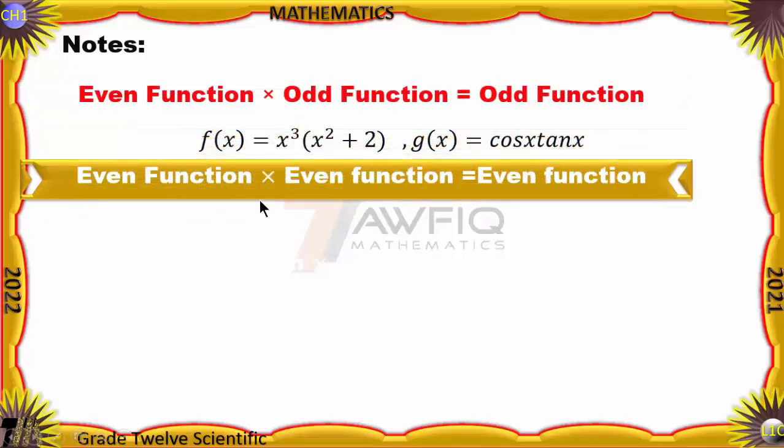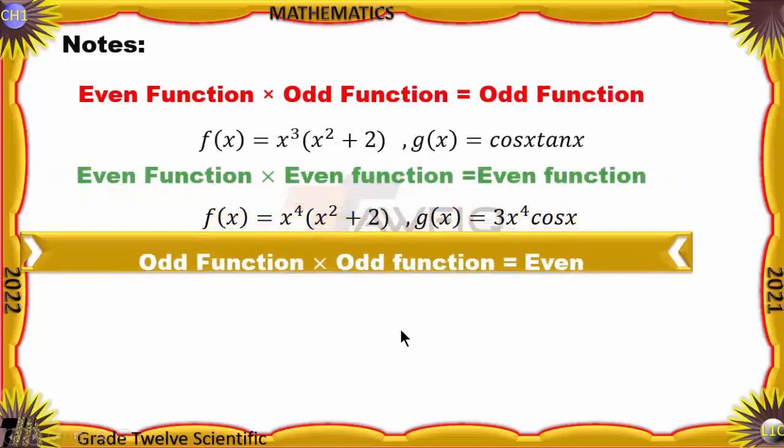Even function times even function is an even function. f(x) equals x to the power 4 times (x squared plus 2), and g(x) equals 3x to the power 4 times cosine x are even functions.